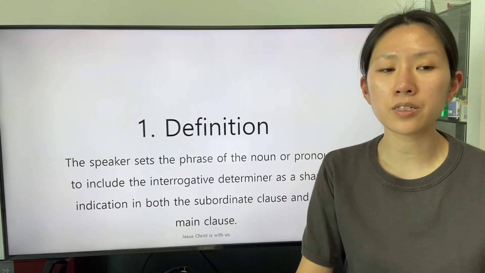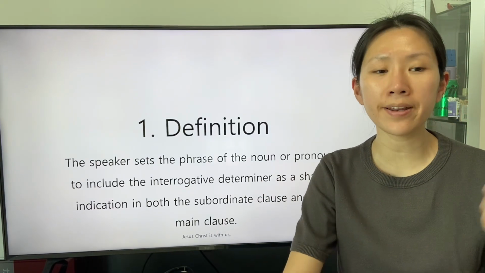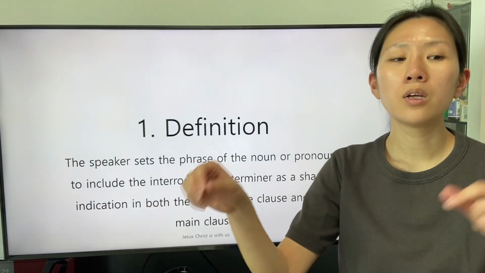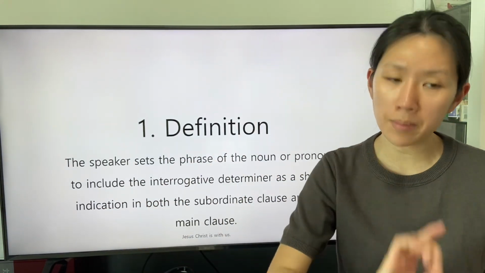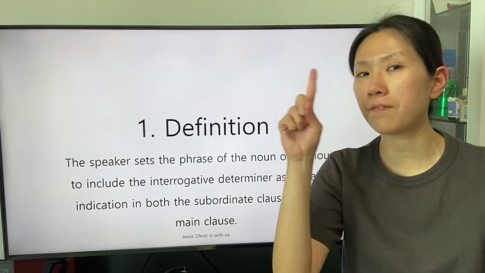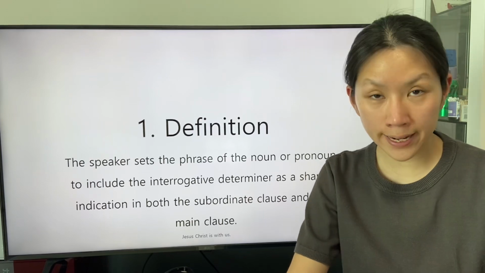The speaker sets the phrase of the noun or pronoun to include the interrogative determiner as a shared indication in both subordinate clause and the main clause. We can think of the noun or pronoun as a relative noun.